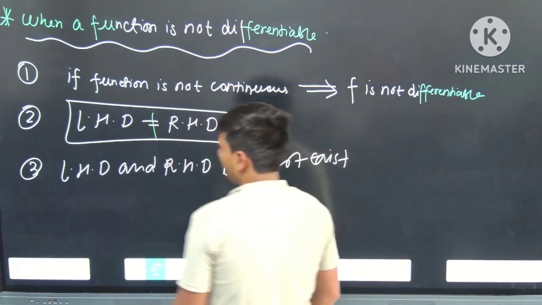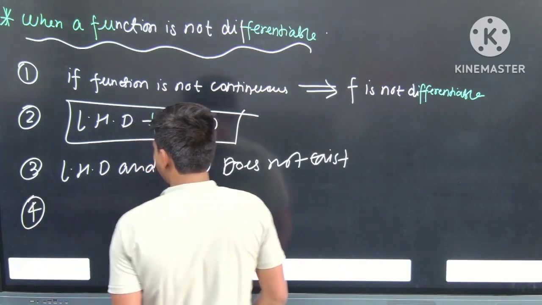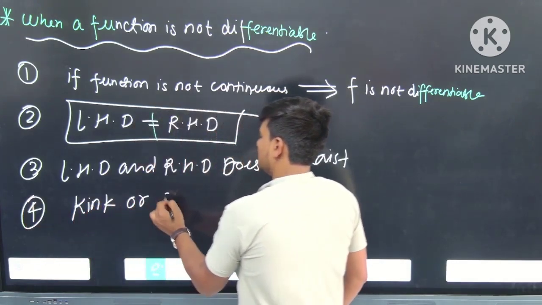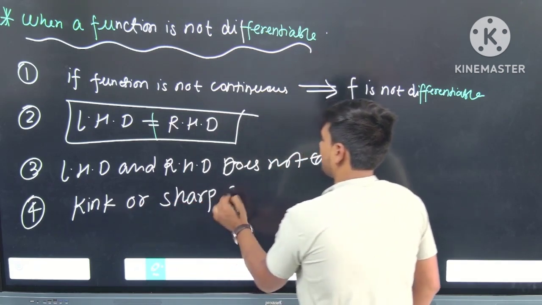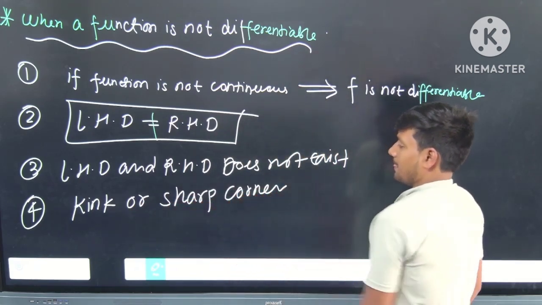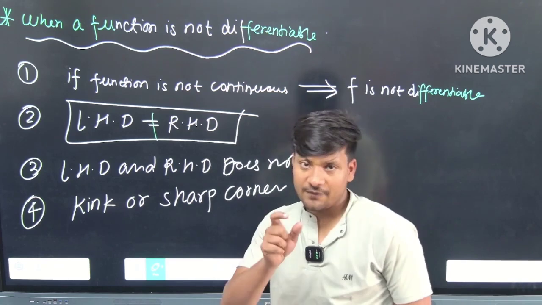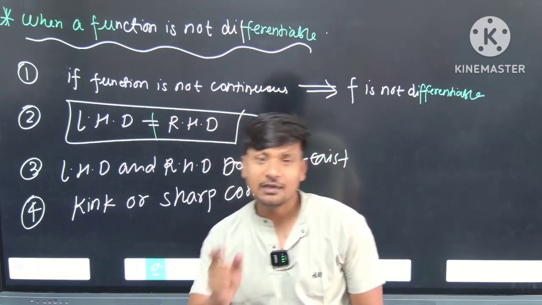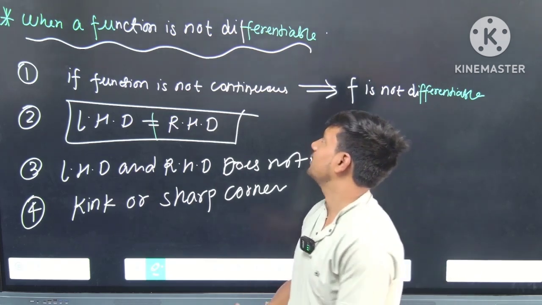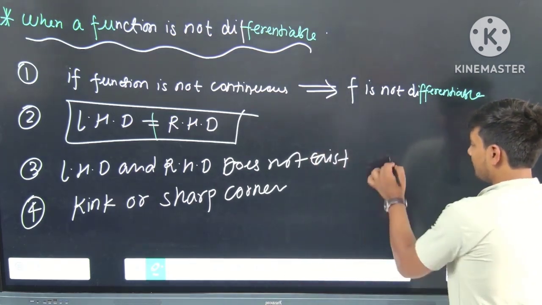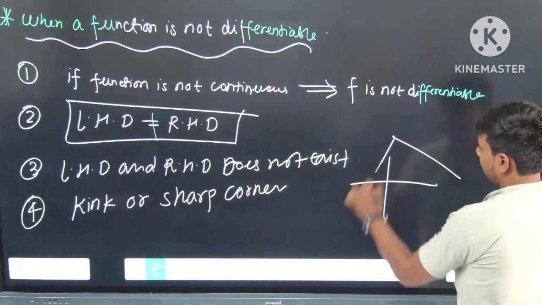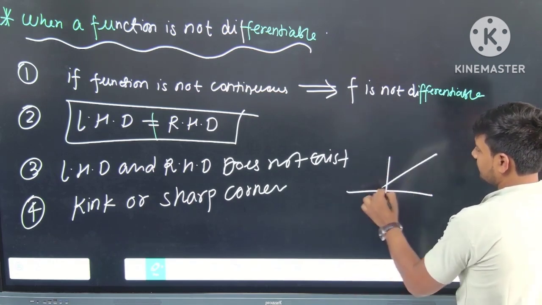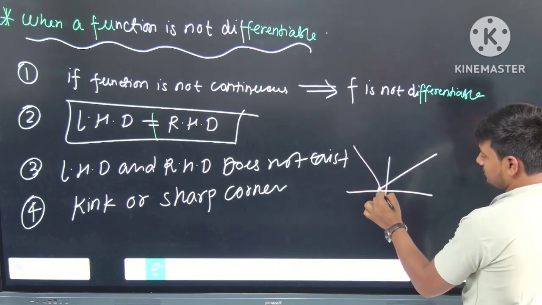Now fourth point is kink or sharp corner. If a function has a very sharp corner or kink at some point, then the function will not be differentiable at that point. For example, we can see that this graph has a corner kink.